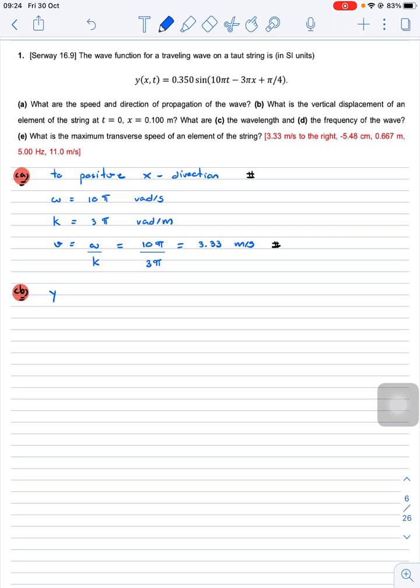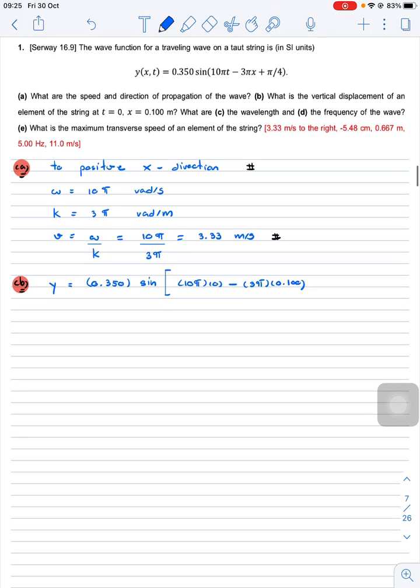So we have the y equal to 0.350, right? And then times the sine of, okay, we have 10 times pi times t, which is equal to 0, and then minus 3 times pi, and then times x. The x is 0.100 meter.